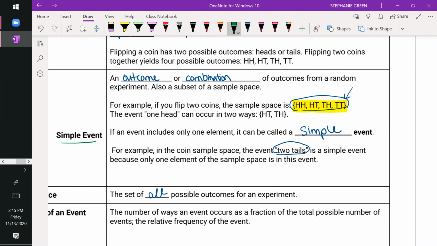When you flip a coin twice, the results are 2 heads, a heads and a tails, a tails and a heads, or 2 tails. These are all of my possible outcomes in my sample space. So the event of getting heads and tails is not a simple event because there are 2 outcomes that satisfy that event. The event getting 2 tails is a simple event because there's only one outcome in my sample space that satisfies that event.